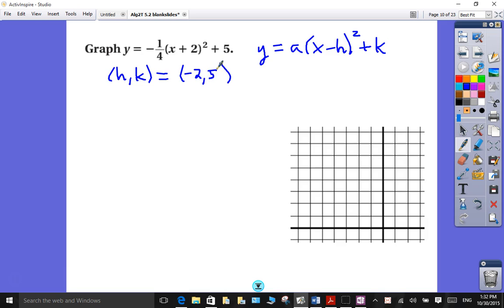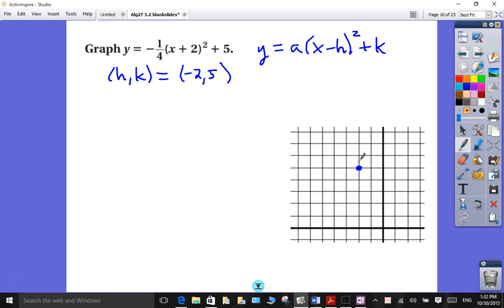Now, you don't have to find the y-intercept if you need another point. You could plug in any value you want. If I plot the (negative 2, 5), that would be right about there. Does this one open up or down? It opens down because a is negative 1/4, less than 0. Maybe you want to plug in negative 1 because it's closer. It means the numbers will be simpler.